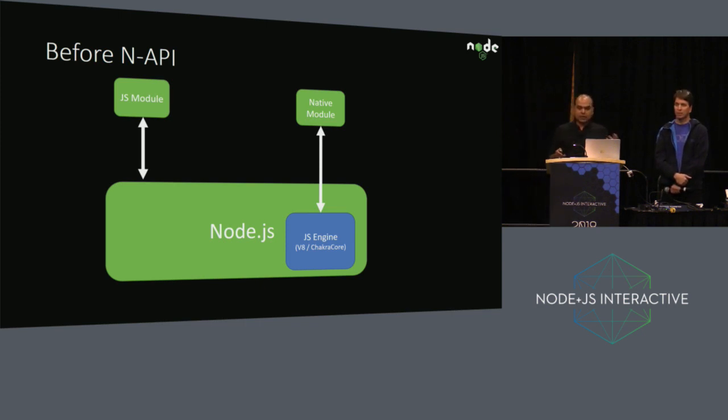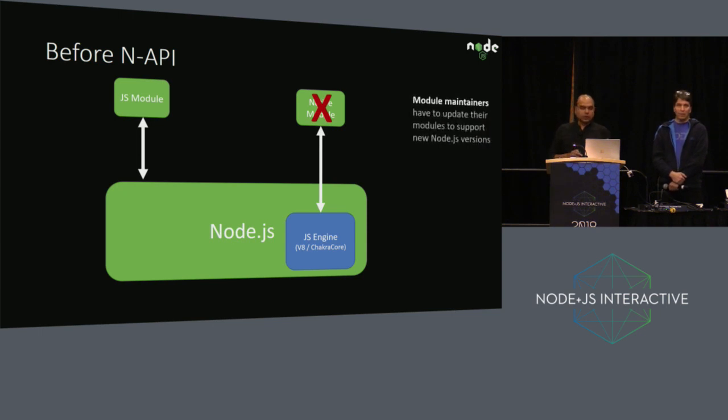Because of that direct dependency, it would cause those modules to break on every new release of the Node version. And negatively impacting roughly 30% of the ecosystem, which is not something a mature platform should be doing.